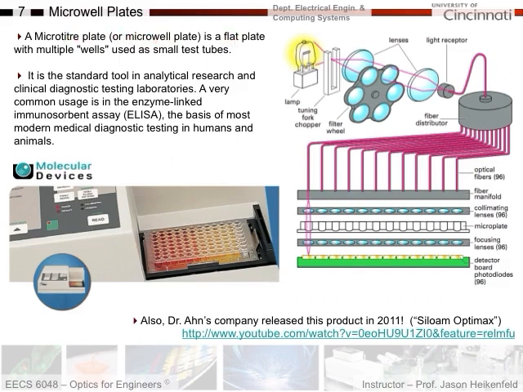You basically have all these wells, again typically 96 of them, and you'll do something like, okay, I'll change pH this way, and I'll change chemical A this way, and in all these I'll put some kind of protein or something. I want to see how that changes, how it could fluoresce or something that would happen to it, or detect something. So I can do a lot of experiments at one time because I will image the fluorescence from all of these at one time.